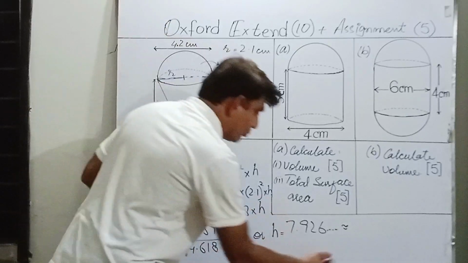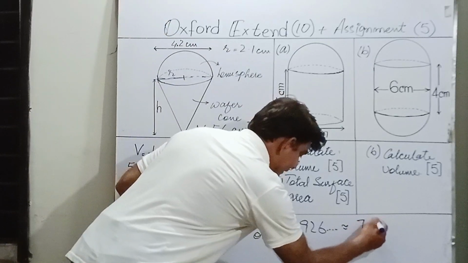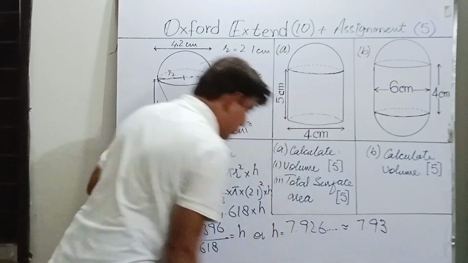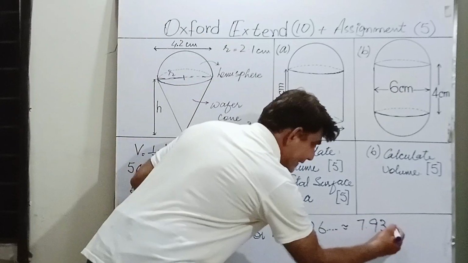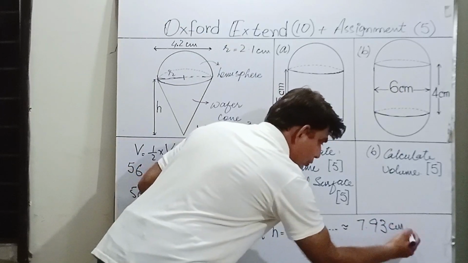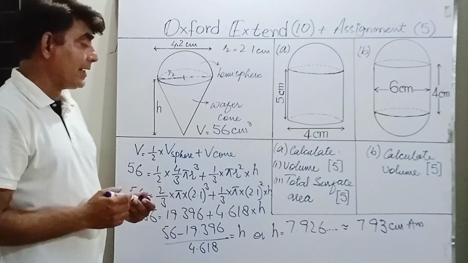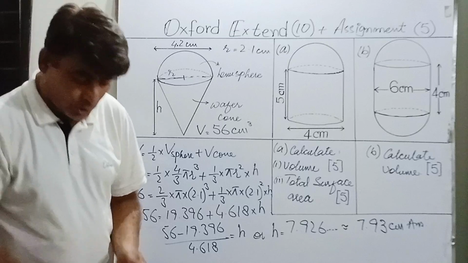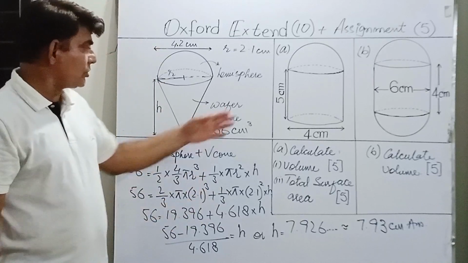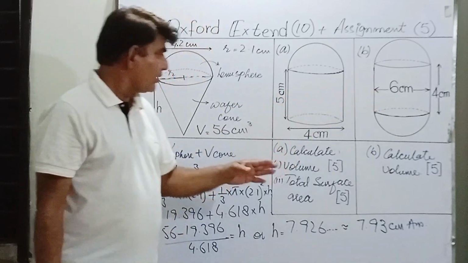So we should write 7.93, and the unit of height would be centimeter. So this would be the answer: 7.93 centimeter. In the same way, we can solve these two questions as well.